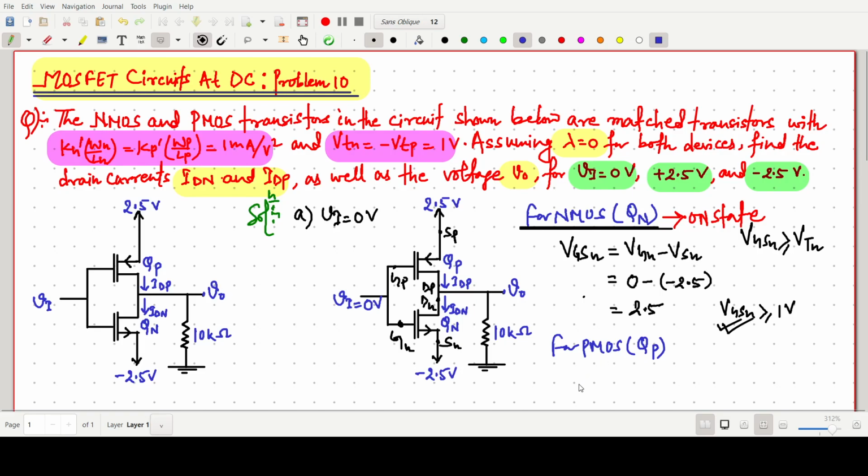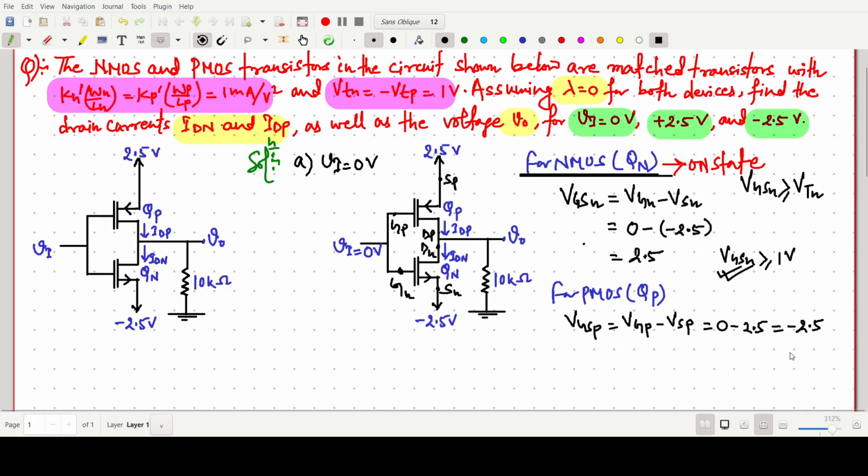Similarly we have to do the same for the PMOS, because first we have to identify in which state it is. So again for the PMOS, we have to find VGS of P. What we can write is VGP minus VSP. VGP is always 0, because both the gates are connected to 0 volt, so it should be 0 volt, minus VSP, which is connected to 2.5 volt. So this one is simply minus 2.5.